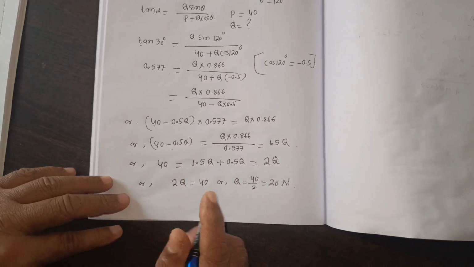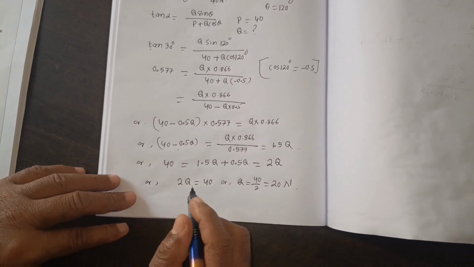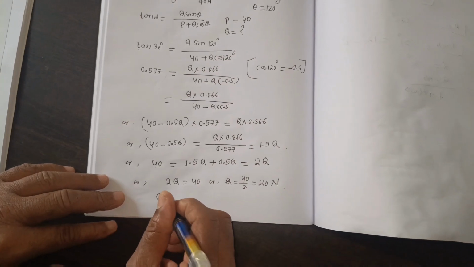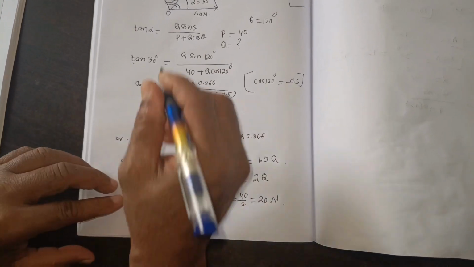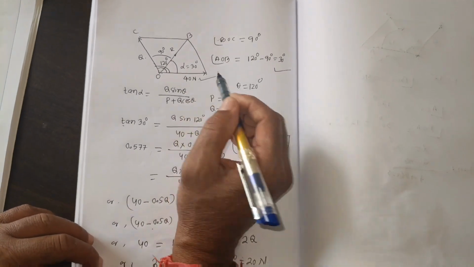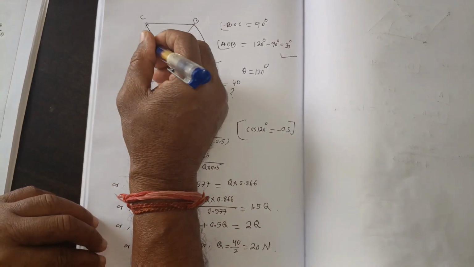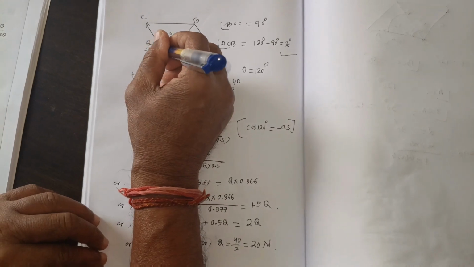Therefore, the required smaller force is Q equal to 20 Newton, because the bigger force is 40 Newton and Q is equal to 20 Newtons.